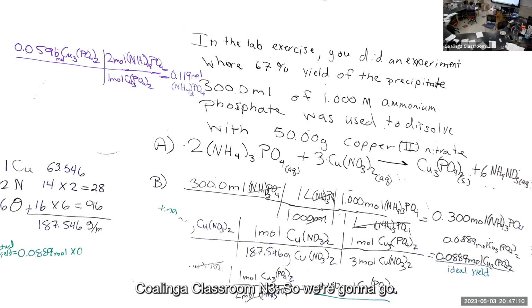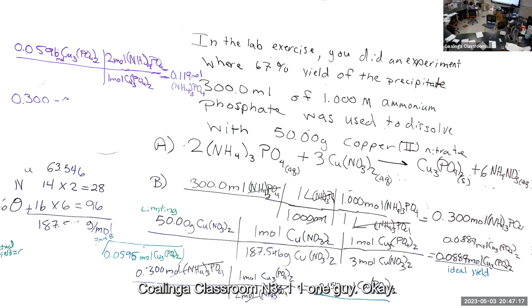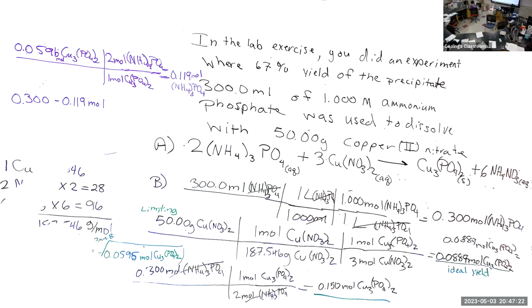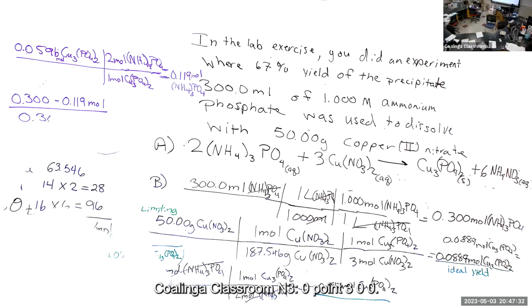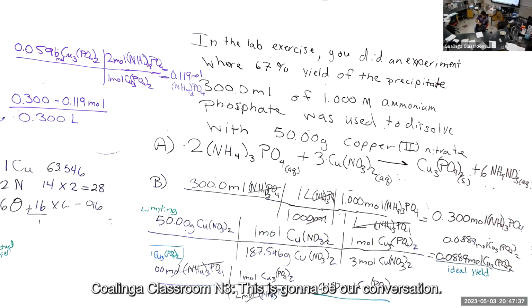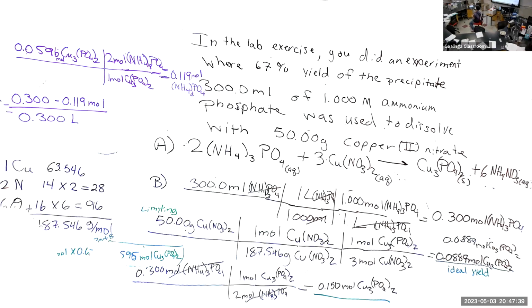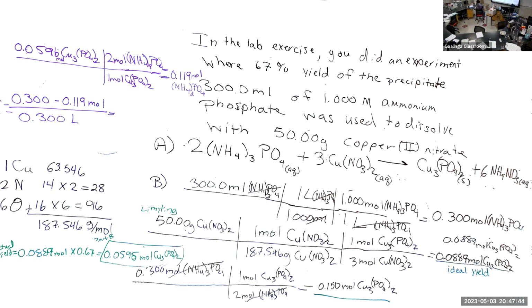So we're going to go 0.300 minus 0.119 moles, and we're going to divide it by 0.300 liters. This is going to be our concentration, or our molarity.